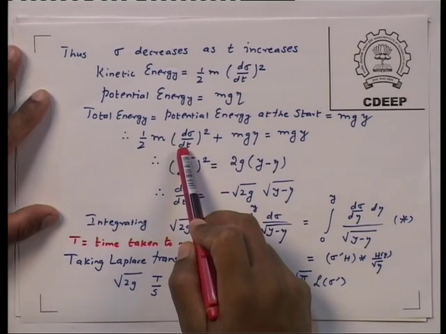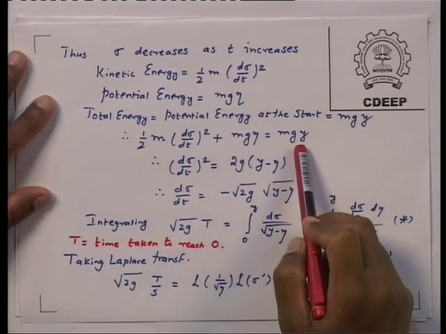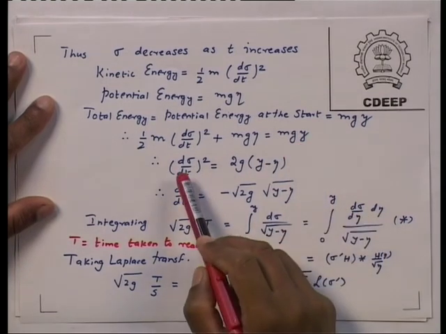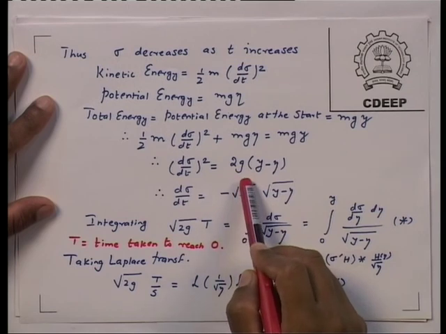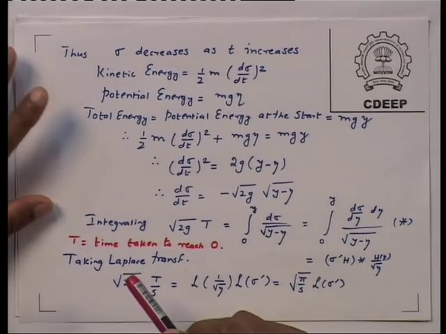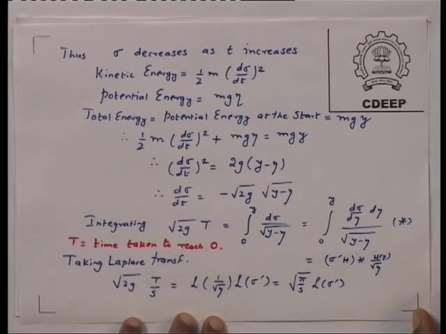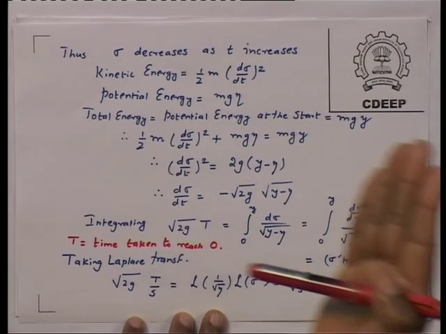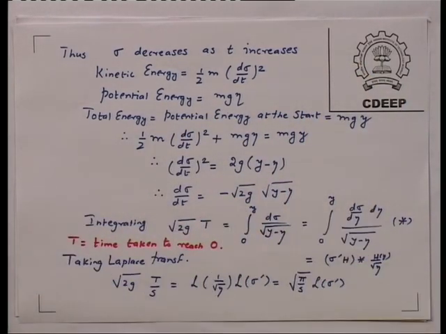So, the kinetic energy at time t plus the potential energy at time t is the total energy, or d sigma by dt the whole squared is 2g times y minus eta. So, take the square root, you get a negative sign. Why? Because as time evolves, the arc length decreases, as time increases, because the bead is coming closer and closer to the origin, then a negative sign.